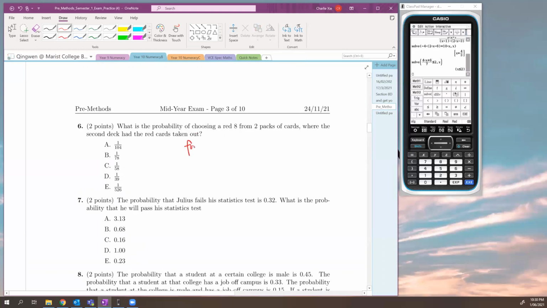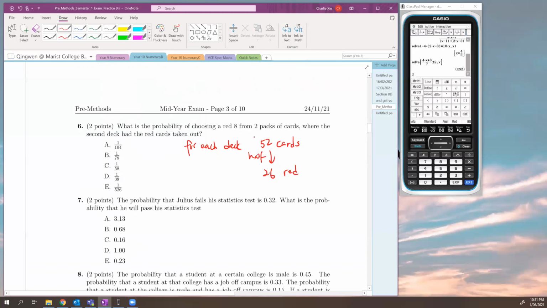For each deck, we have 13 times 4, 52 cards. Remember the chart, we have 13 of 4 kinds, so 52 cards. And half of them, 26, would be red.